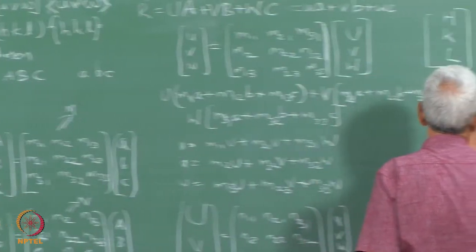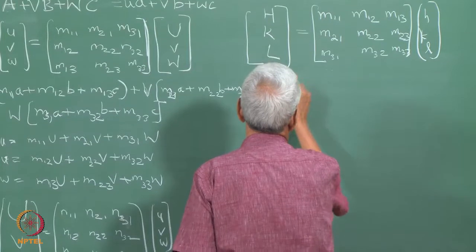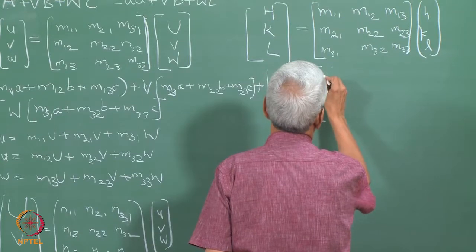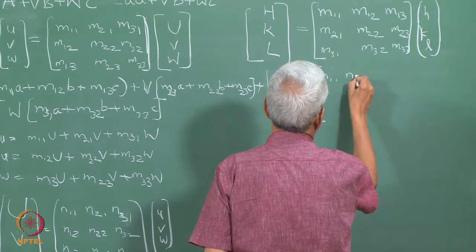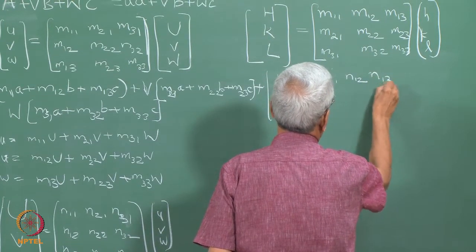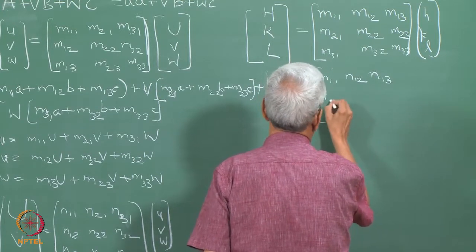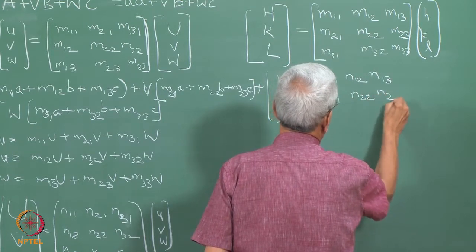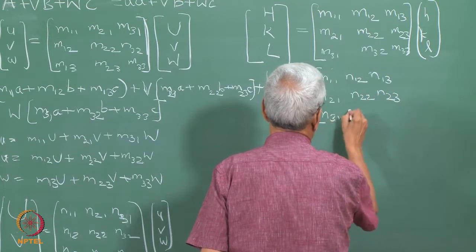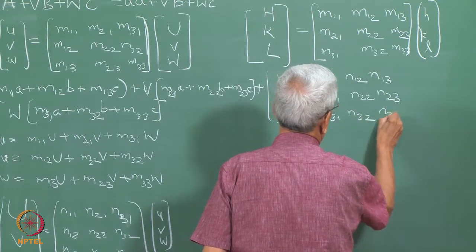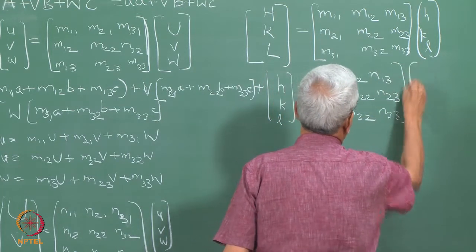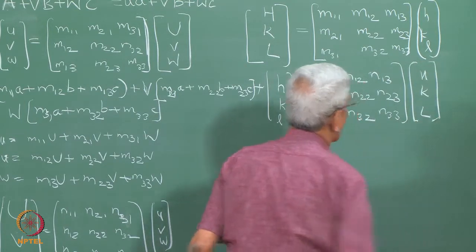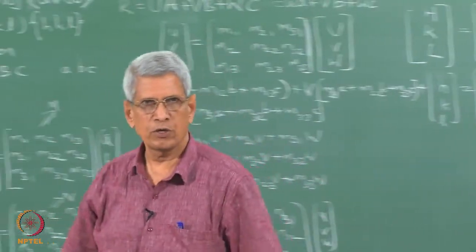Similarly, for small HKL, this will turn out to be N22, N23. This is how it will turn out to be.